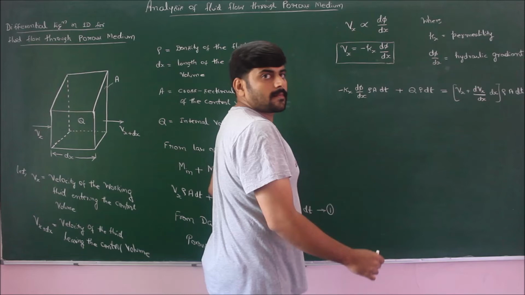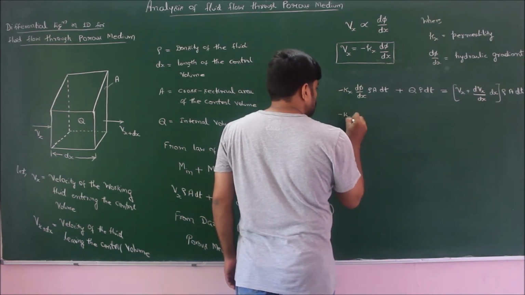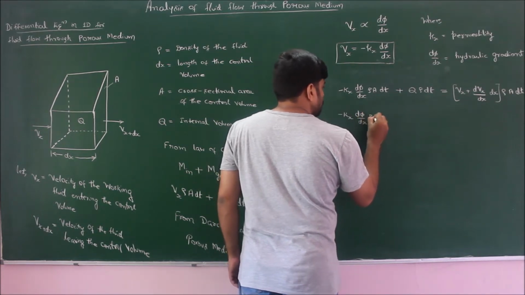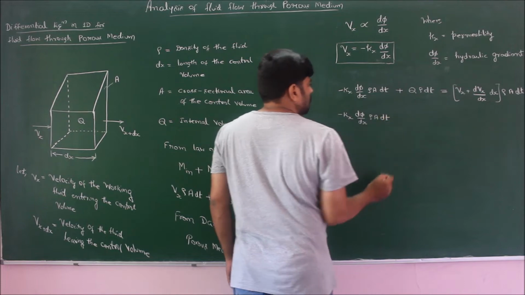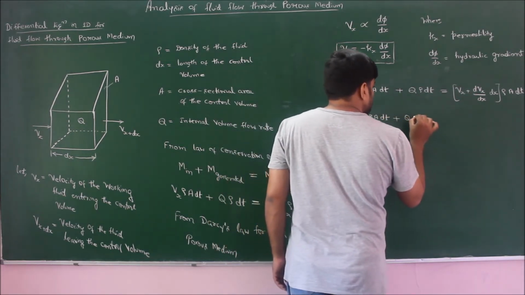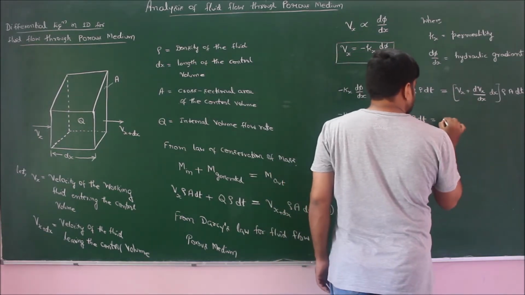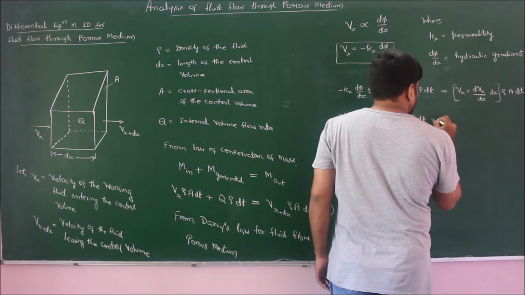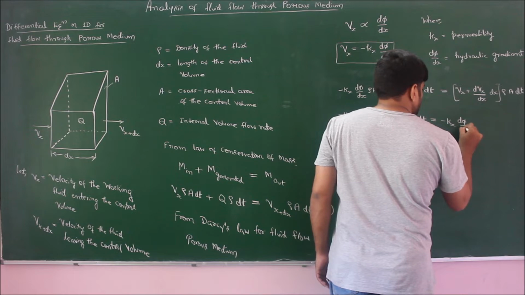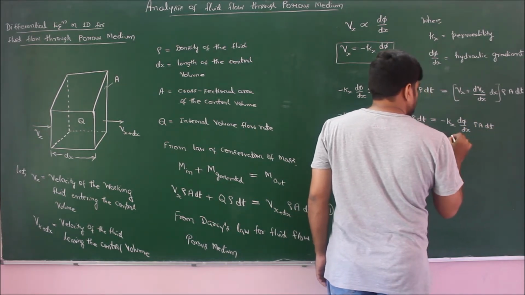So simplifying this equation, we will end up with minus kx times the hydraulic gradient into density into area into time plus internal volume flow rate times the density into time is equal to, we know the value of Vx from Darcy's law, minus kx d phi by dx into rho A dt.